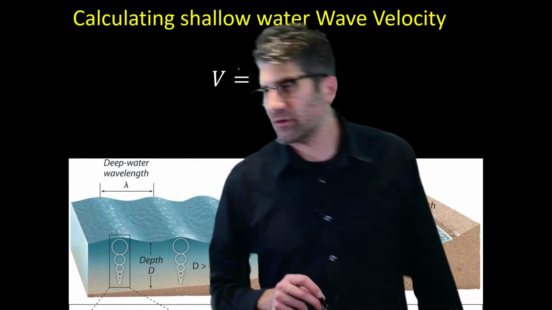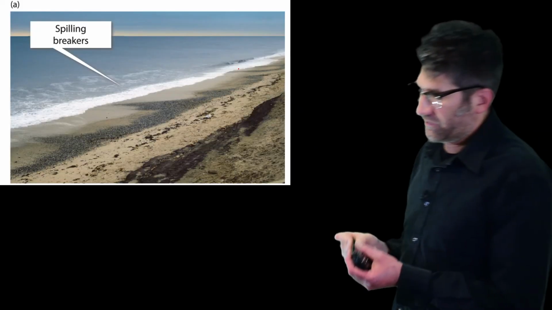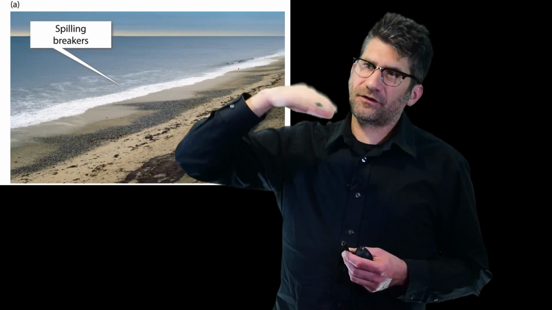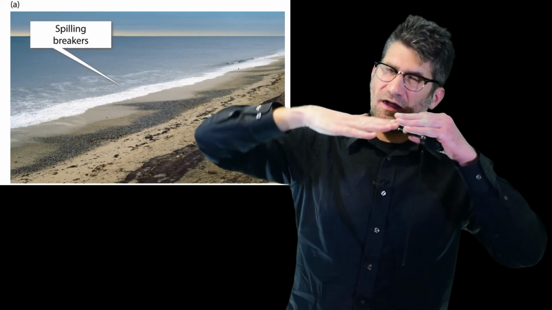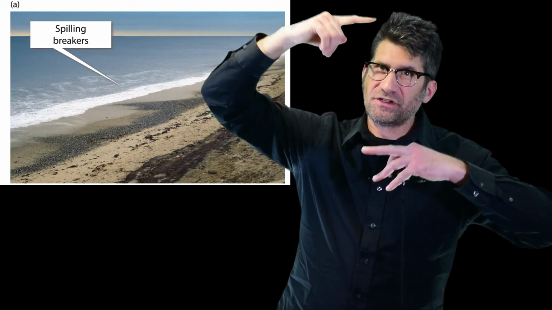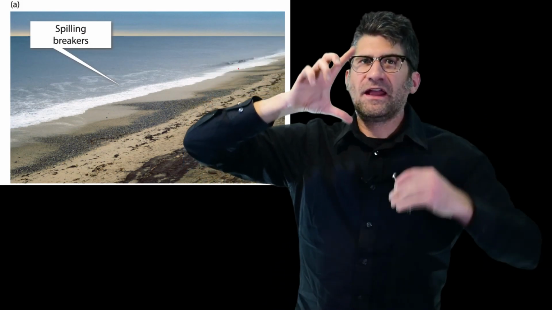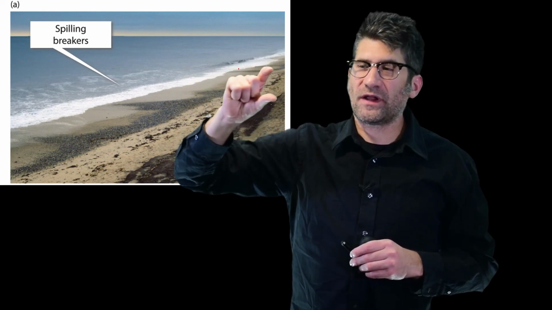Okay, another really important aspect has to do with how quickly the depth of the ocean changes. If you have a really steep coastline versus a very gentle coastline, that's going to determine the type of shoaling wave you generate.